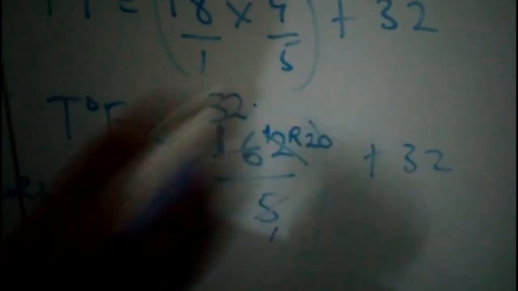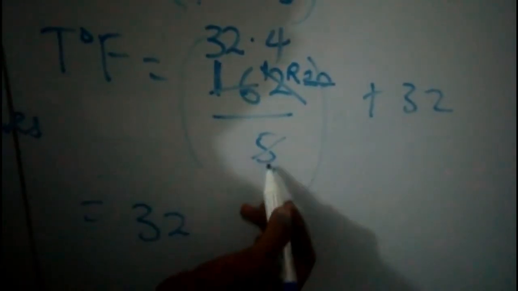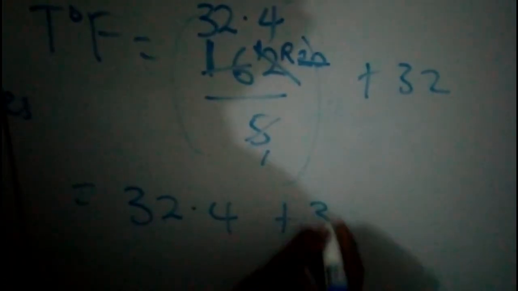And you put your point here. Remember the way we divide to get decimal. So 5 in 20 now gives you 4. 5 in 20 is 4, remainder 0, so we don't have to continue. That's 32.4 plus 32. And how do we add our decimal? I will do this for the sake of people that have forgotten. That's 32.4.